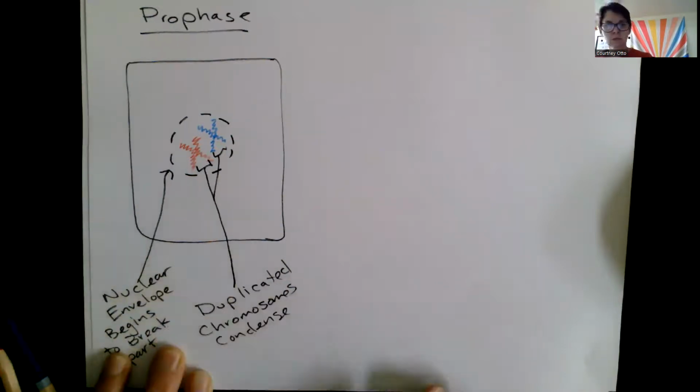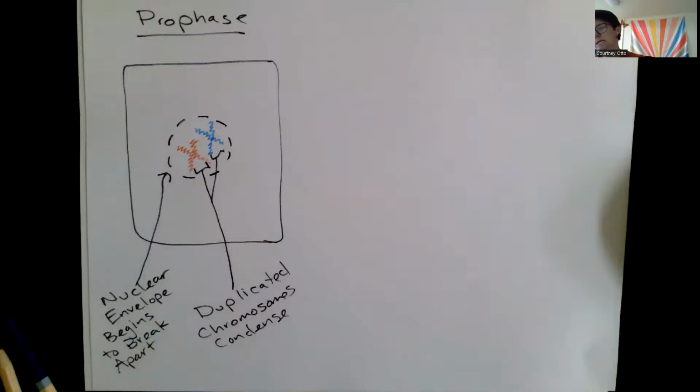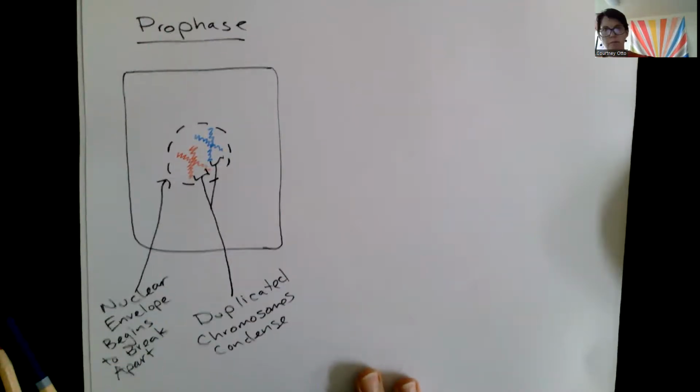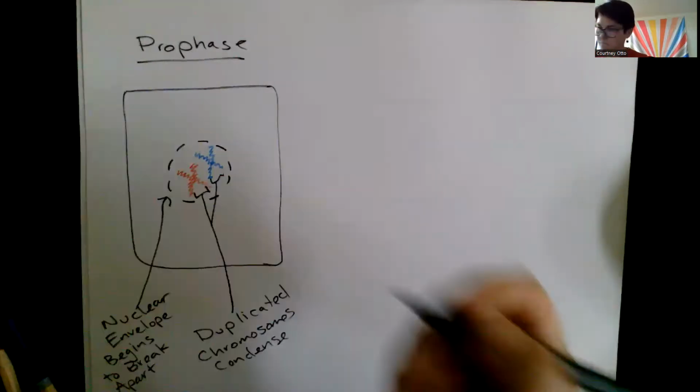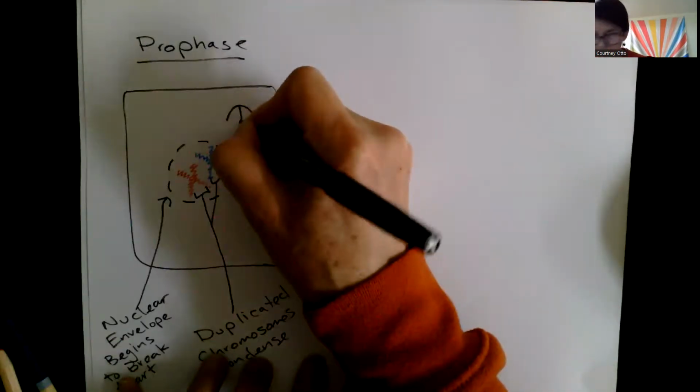So those duplicated chromosomes are going to be condensing during prophase. And there's one final thing that's going to happen during prophase, and that's the spindle is going to start to form. And I'm just going to illustrate it kind of like this.